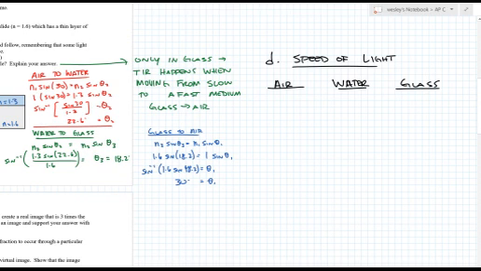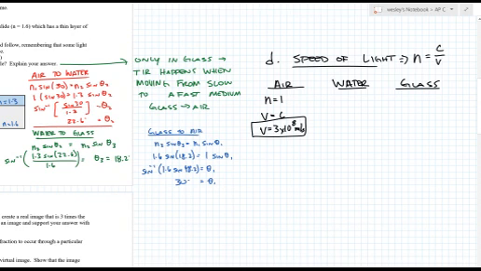In order to calculate the speed of light, what we're going to say is that the index of refraction is the speed of light in a vacuum divided by the speed of light in the substance. So air, N is equal to 1. That means the velocity is equal to c, or 3 times 10 to the 8th meters per second. That's the speed of light.